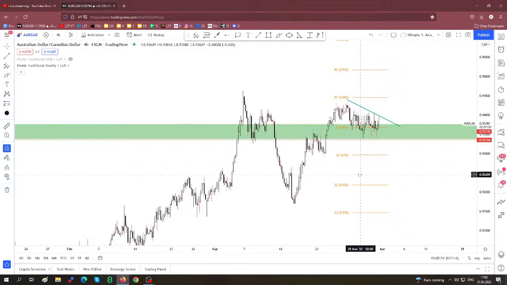So, as I've said earlier, when I've talked about British pound versus the US dollar, please take a look here. So, these former lows as resistance levels, okay? In my opinion, as resistance levels, resistance area or something.